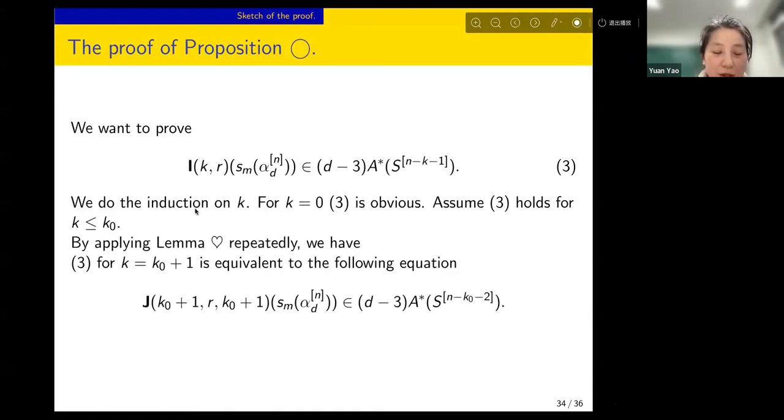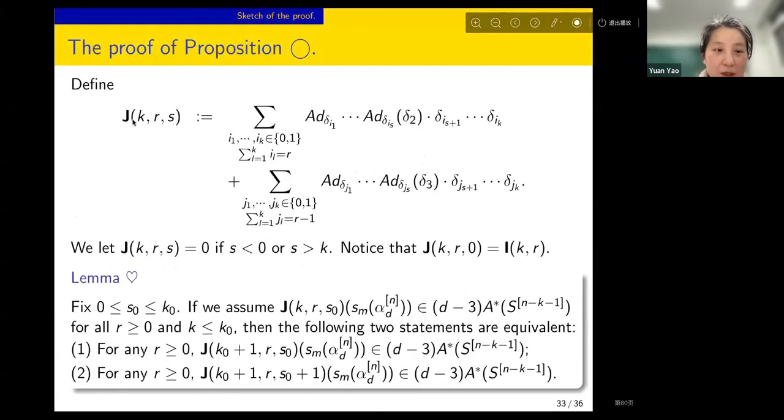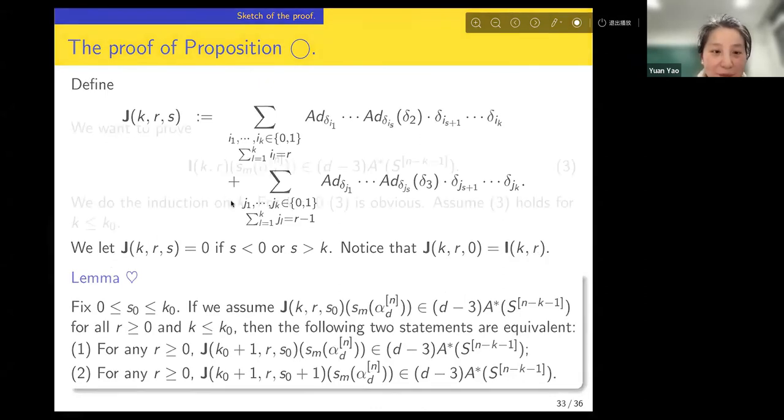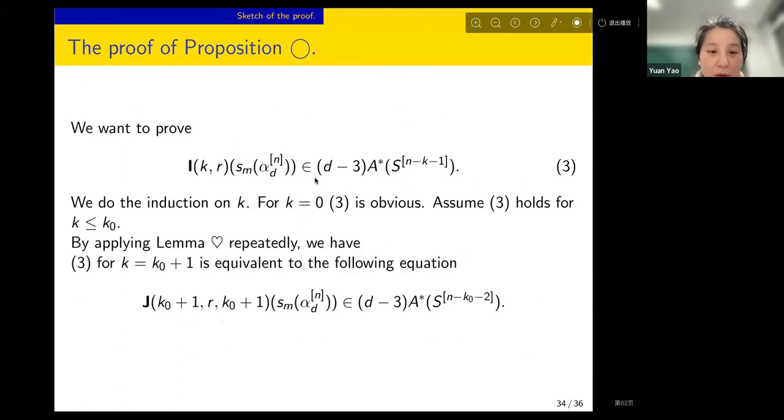So we do induction on K. Now we have J_KRS, so there are three variables, and when s equals 0 it is I_KR. For K, we do the induction on K. K equals 0 is obvious, and if you want to, you can check; it's easy to check. So now we do the induction.